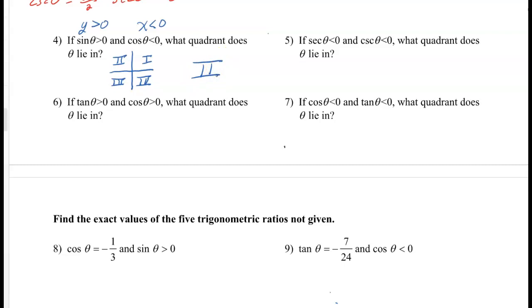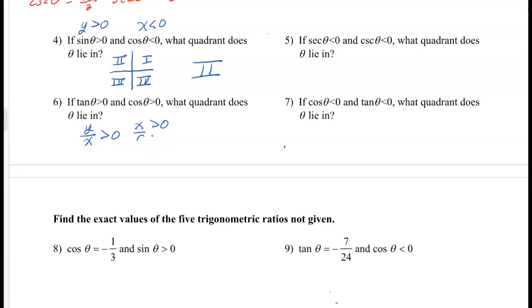If you look at problem number 6, the tangent is positive, so that means the y over x is greater than 0, and cosine is greater than 0. Well, cosine refers to the x value, so x is greater than 0. Now technically it's x over r, but as I mentioned, the radius is always positive.